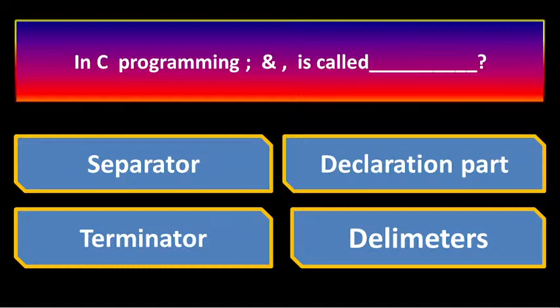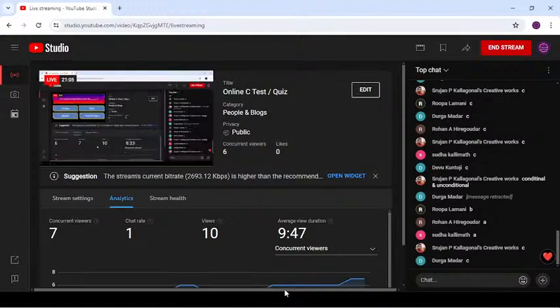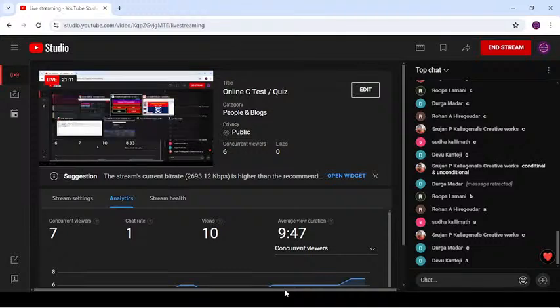In C programming, this semicolon and comma are called separator, declaration part, terminator, delimiters. Which one is the right answer? This time the answer is different. C, A.